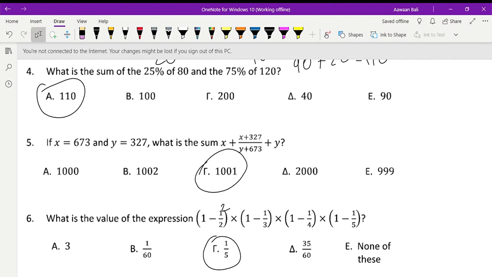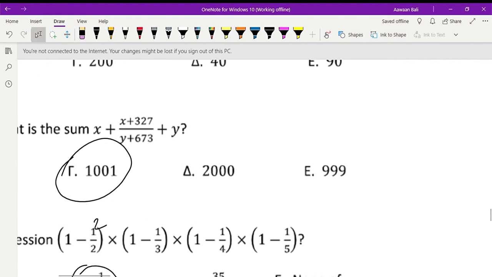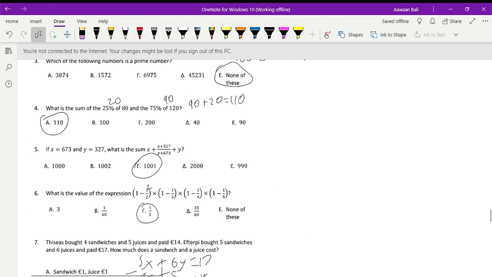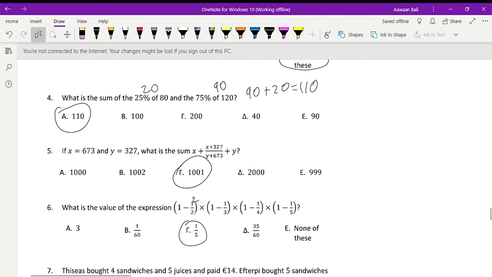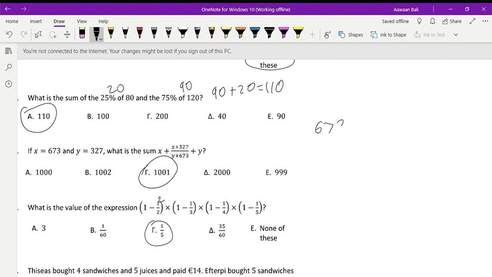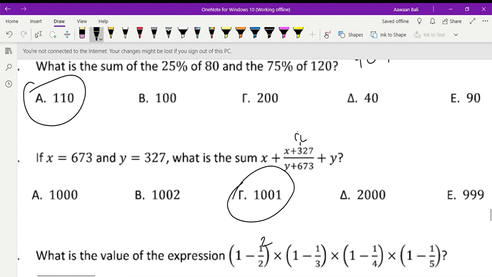Now, question number 5. If x is 673 and y is 327, what is the sum of x plus 327 divided by y plus 673, plus y? It may look a bit complicated at first, but if you realize what the sum of 673 plus 327 is, it'll become really easy. Once you add them together, you get 1000, which means this is 1000 and this is 1000.